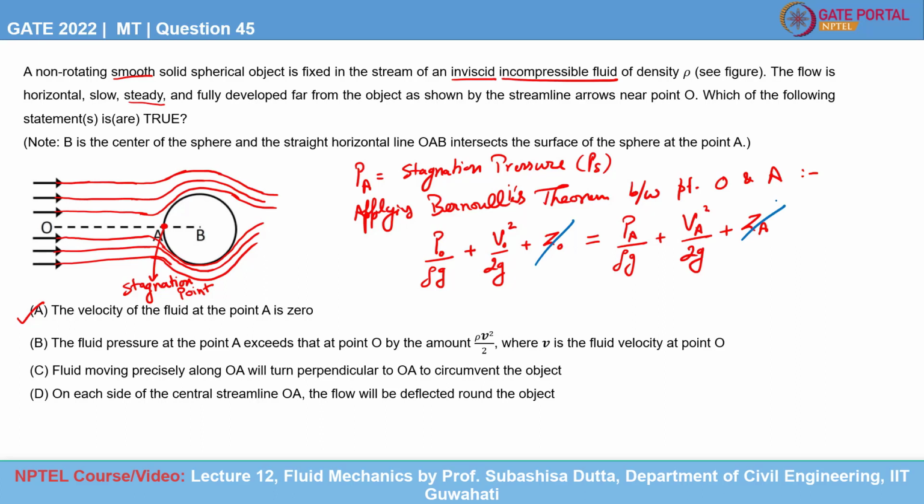Also, we know that point A represents the stagnation point, so the velocity at the stagnation point is 0, so this term will also become 0.